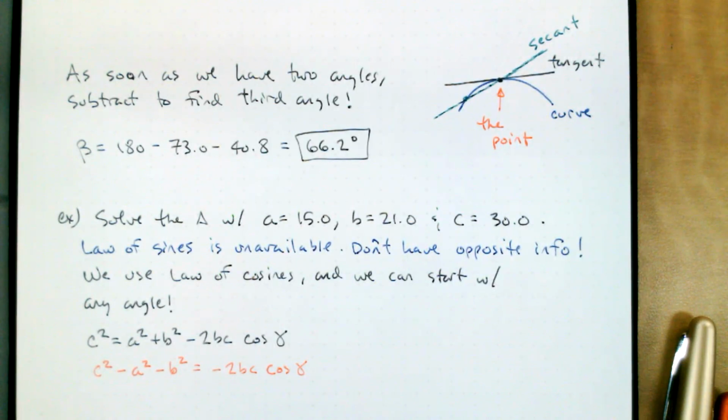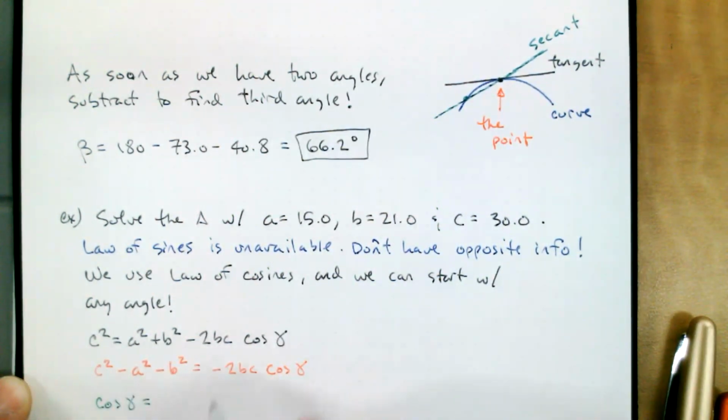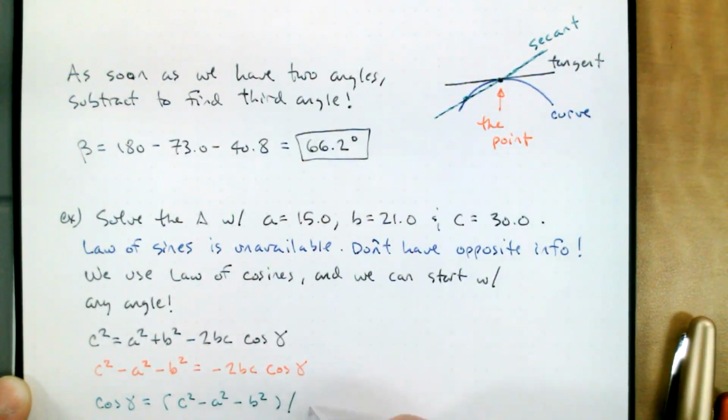So if we're trying to undo that, the first thing we've got to do is divide by negative 2ab. So I'm going to have cosine gamma is c squared minus a squared minus b squared, divided by negative 2ab.